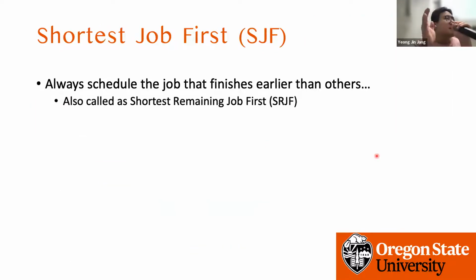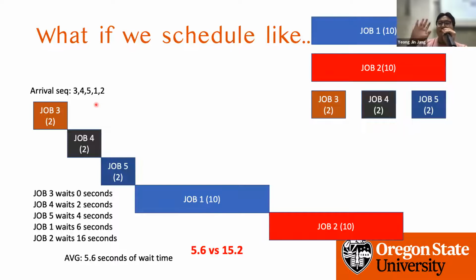And then there is a preemptive version of the SJF, called the shortest remaining job first. You can think about what the difference is between preemptive and non-preemptive execution. For the non-preemptive execution, we wait until each job is finished.